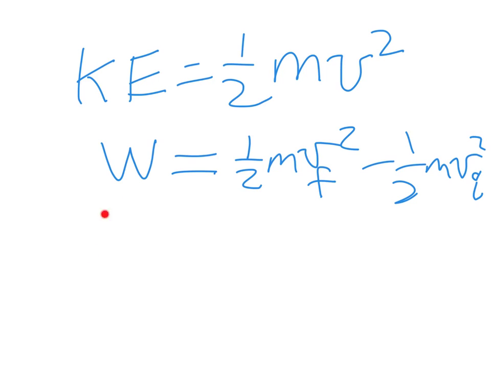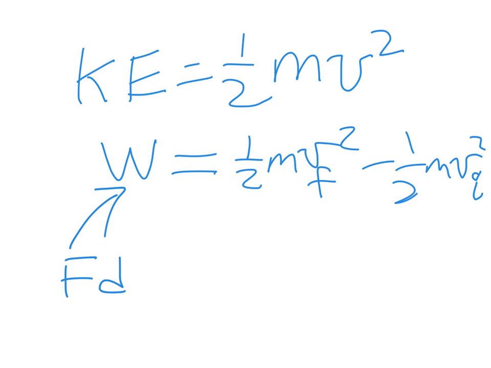And how do we calculate the work? Well, we can calculate the work by simply using our formula, force times distance. And remember, this force is just the part of the force that's parallel to the distance. So we figure out what part of the force is parallel to the distance, we multiply it by the distance, and that gives us the work.